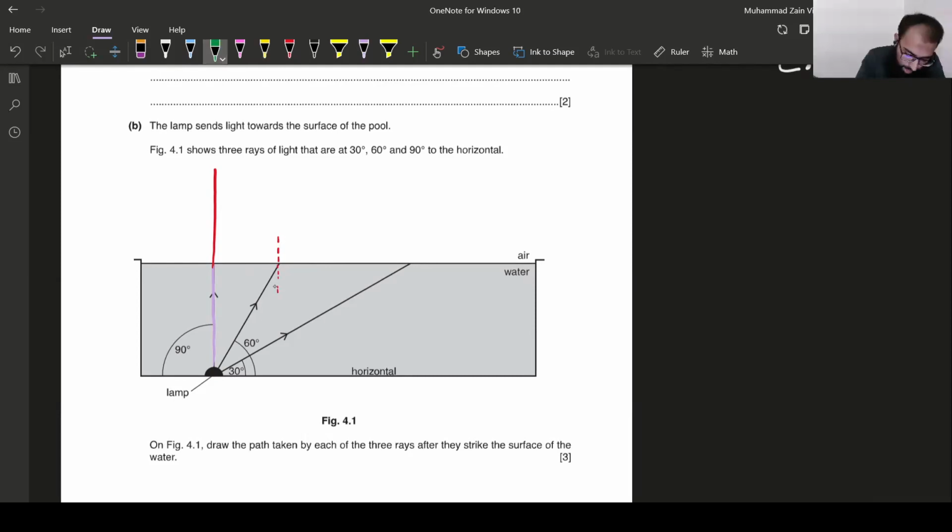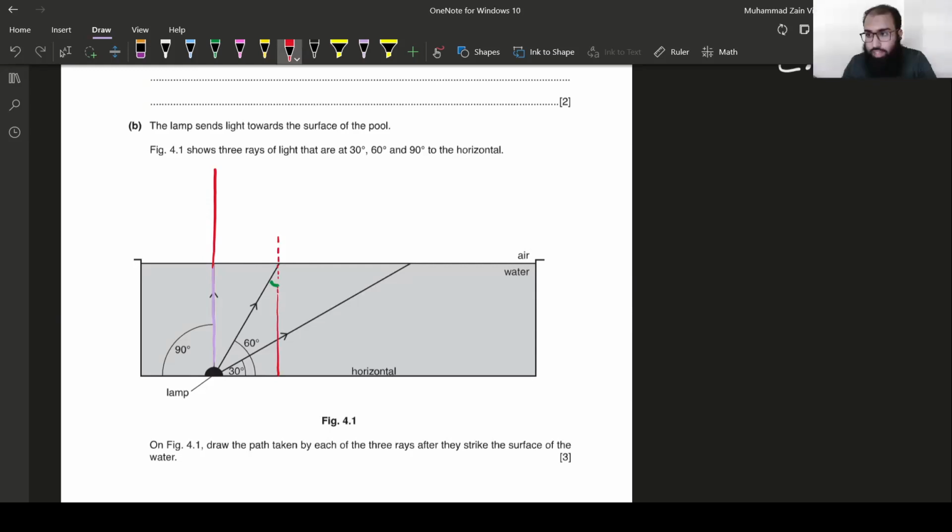If this angle of incidence turns out to be greater than 49, it means that there would be total internal reflection. But if it turns out to be lesser than 49, the light would just refract into the other medium. So now I need to find this angle. And these types of questions require some knowledge of mathematics or angle math as well, where you apply those angle properties and find the angles.